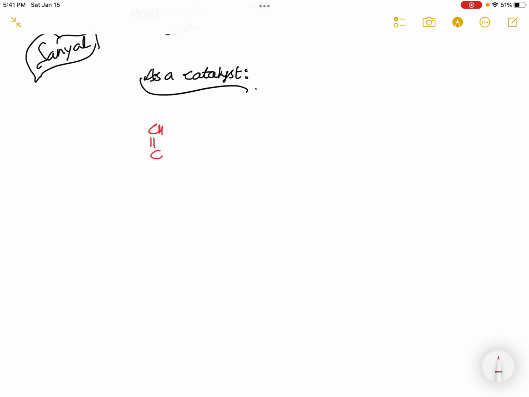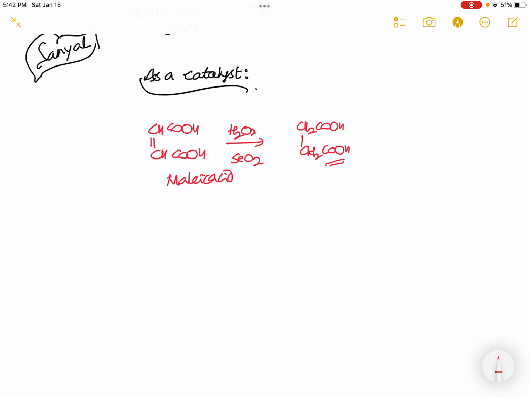CH double bond CH COOH. If you are using H2O2, selenium dioxide functions like a catalyst, and it becomes CH2COOH. This is maleic acid converted to tartaric acid.